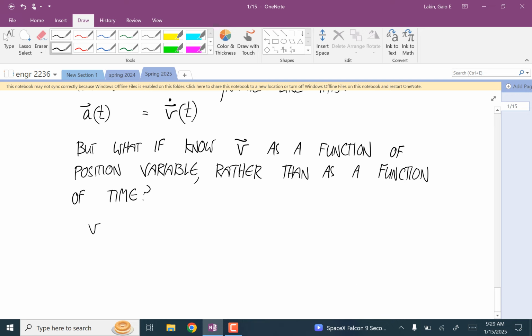So let's say, for example, our vector v is a function of x. Okay?